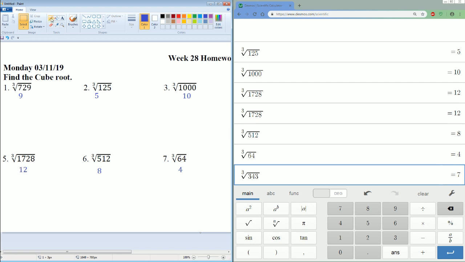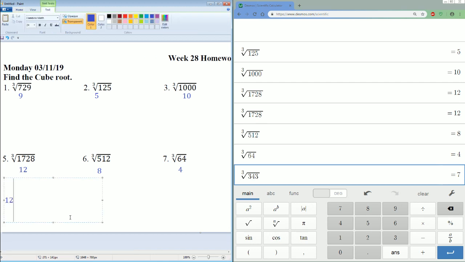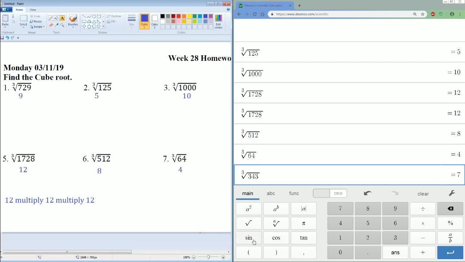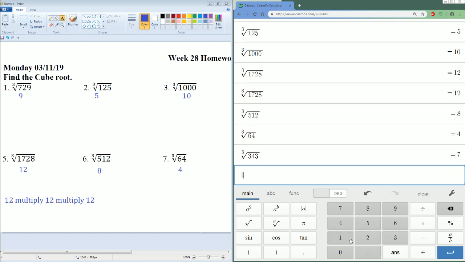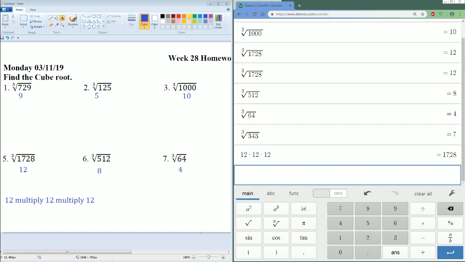This means 12 times 12 times 12 equals, you see, 1,728.